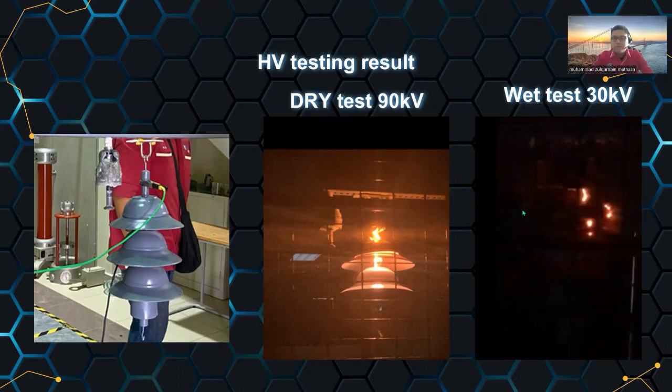As you can see, the maximum for our prototype test is only 30 kilowatt, and we did not go above 30 kilowatt because the spark is very wide, greater than in the dry test.